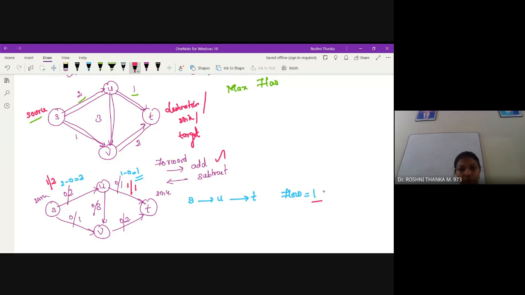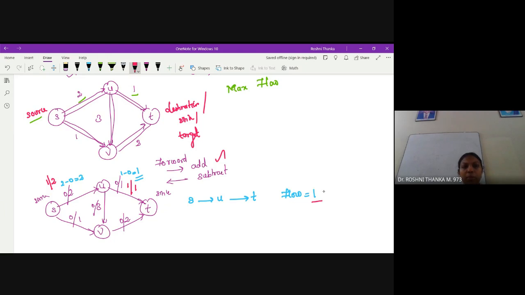If it is a forward flow, then you have to add this flow to it. So 0 plus 1 is 1, slash 2. The meaning is, out of 2 volumes of data, we are sending 1 volume. Here, out of 1 volume of data that I can send through it, I'm sending 1 volume.